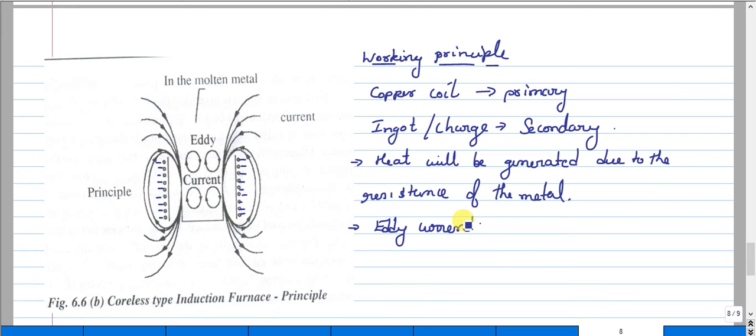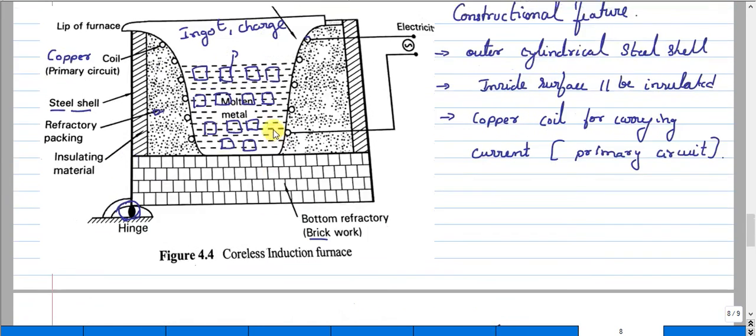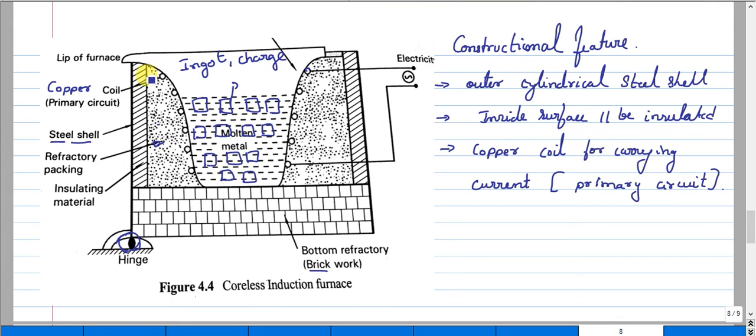What will happen? Eddy current will be induced by EMF due to the stirring action, which is concentrated at the center of the primary coil. So this is a very simple process. When you supply the current in this copper coil, the charge kept inside the furnace will act as a resistance to the flow of current.